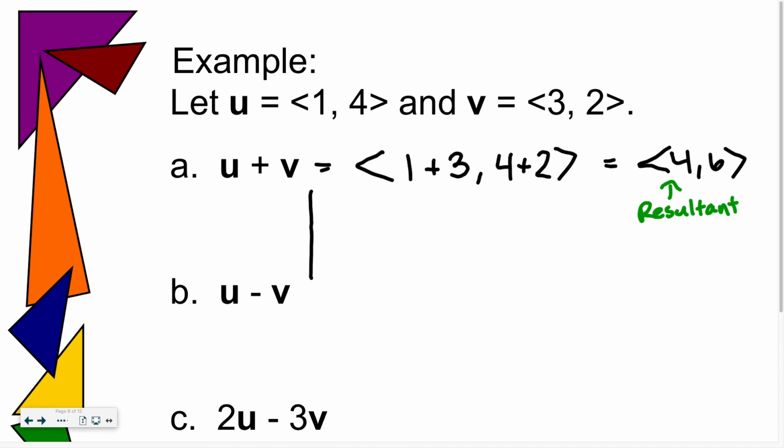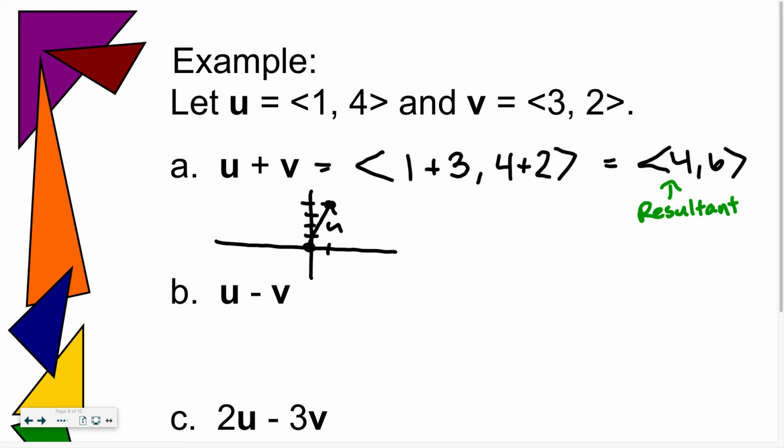Here's what just happened. I started with a u, which would start at 0, 0, and has horizontal component 1, vertical component 4. So it looks something like this. There's u. From the terminal point of view, I'm going to connect the dots here.